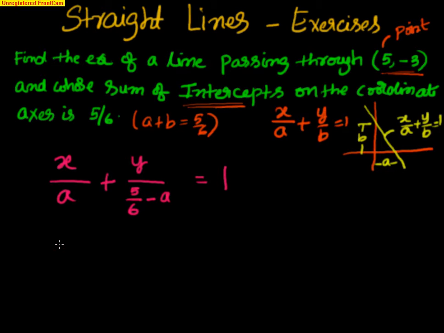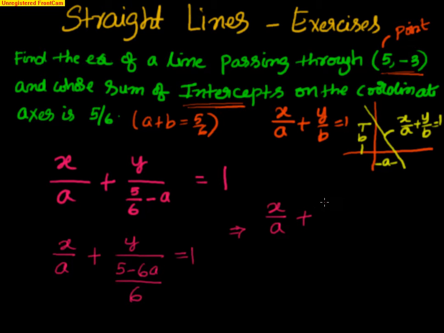Now let's simplify this. This becomes x by a plus y by (5 minus 6a) by 6 equal to 1. If I take it to the next step, it becomes x by a plus 6y by (5 minus 6a) equal to 1, right?